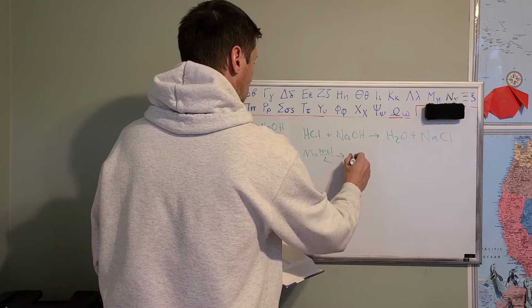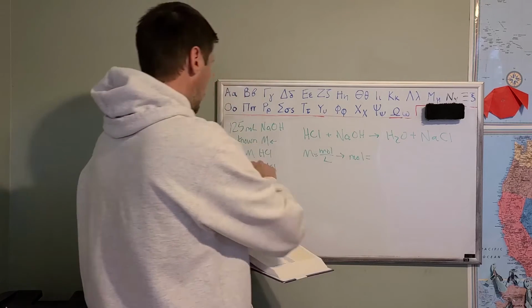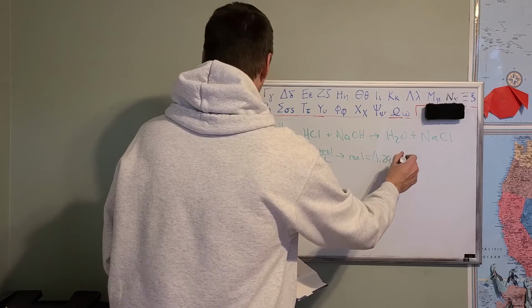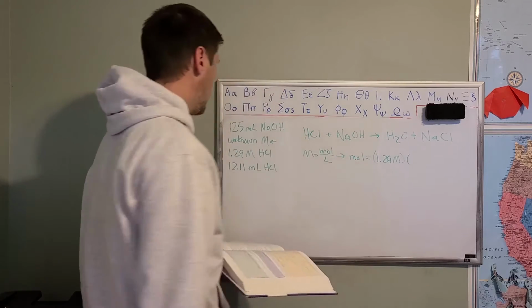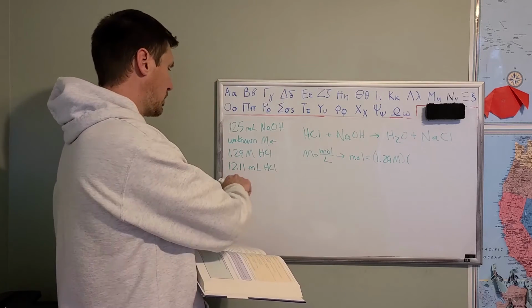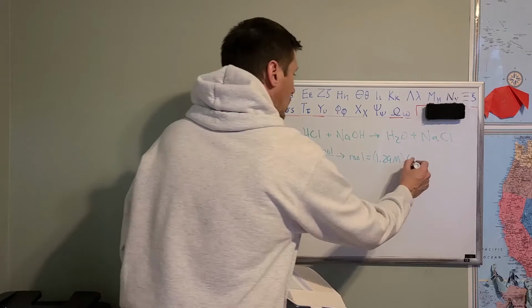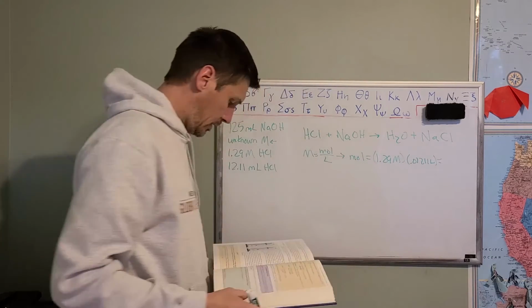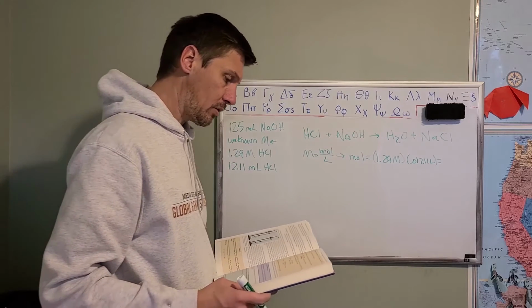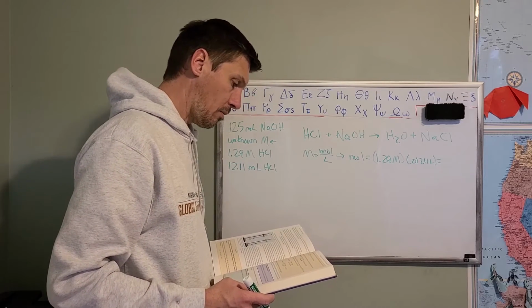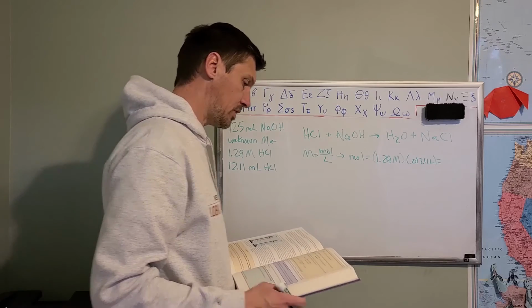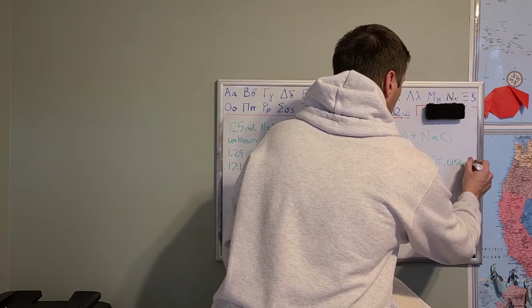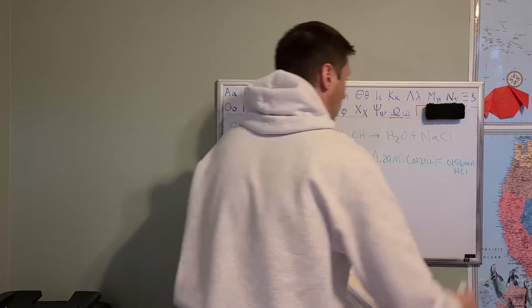And so we can get moles by multiplying the molarity, which is 1.29 in this case, times the liters of the solution, which is going to be 0.01211, converting that to liters. And so we have 0.0156 moles of HCl, right?